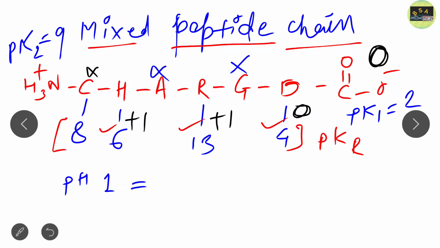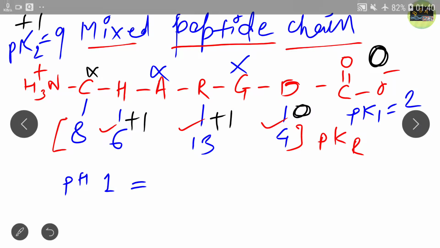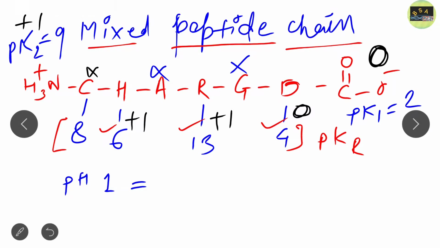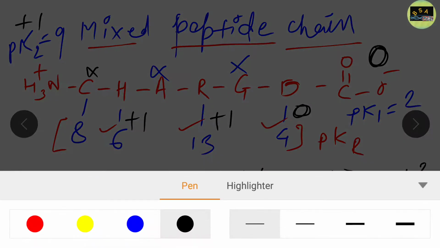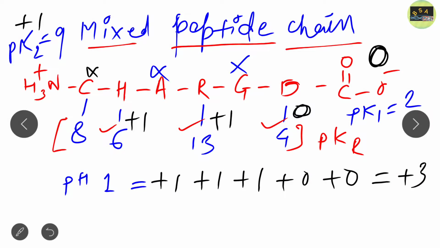While in case of pK2, 9, at pH 1 we know that 9 is more than 1, so here also the charge is plus 1. So at pH 1 the charge becomes plus 1, plus 1, plus 1, plus 0, plus 0, that is plus 3. So at pH 1 the charge is plus 3. Clear? In this way you can calculate the charge at pH 2, at pH 8, at pH 9, at any pH.